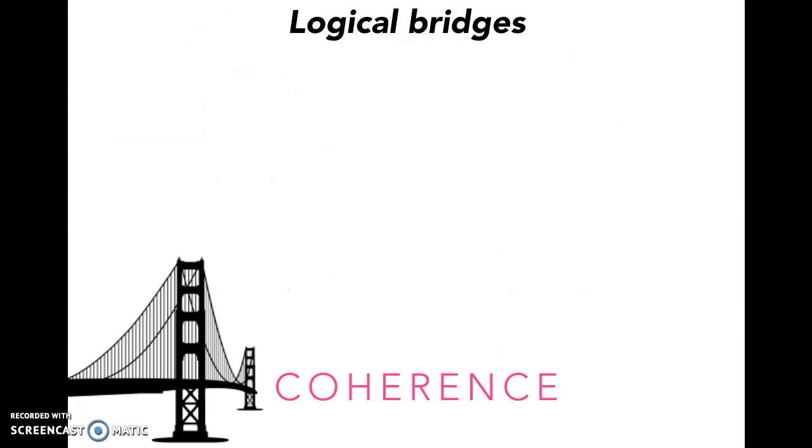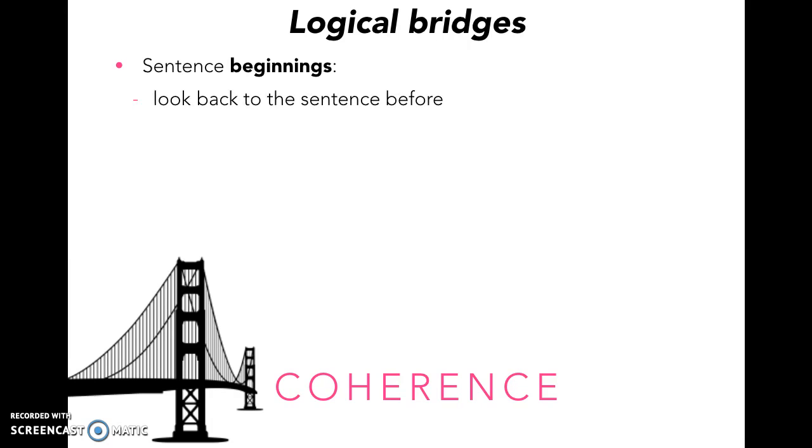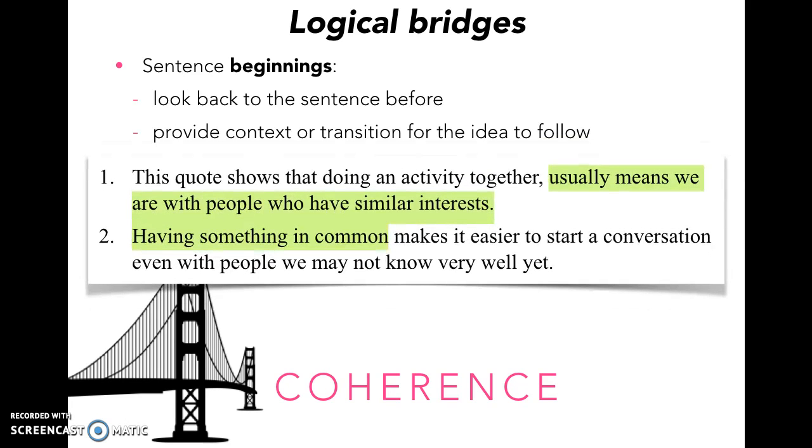Another way that we can do this is we can look at how we finish and we start sentences. So when you start a sentence, look back at the sentence before. Try to give context to the idea. Don't just drop the sentence in. Always look back at what you've said before and try to knit and link everything up together.